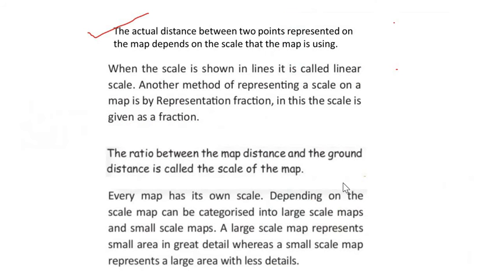Fine. Let's move forward. We have talked about representative fraction. Now, the ratio between the map distance and the ground distance is called the scale of the map. Every map has its own scale. Depending on this, maps can be categorized into large scale maps and small scale maps, which we have seen.